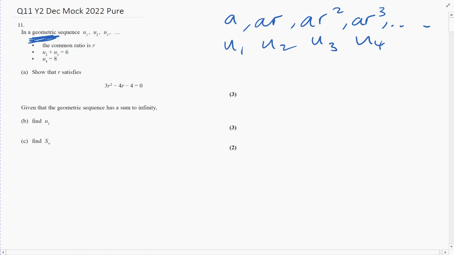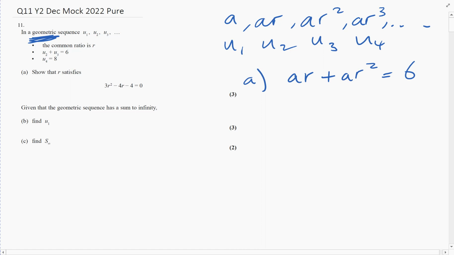Okay, so the common ratio is R, like usual, and then U1 plus U3. U1 plus U3 equals 6. Okay, so U2 plus U3, so that's AR plus AR squared equals 6.